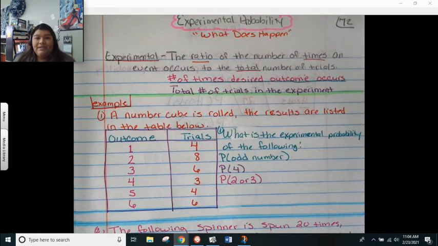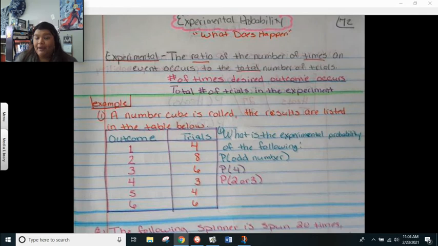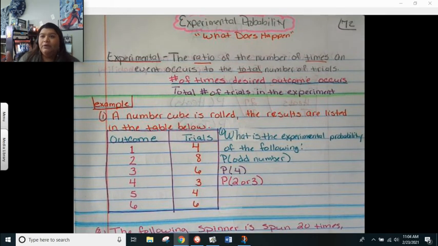So experimental probability. This one is what actually does happen. So theoretical is in theory. You're just thinking about the coin and visualizing what is on the coin and what I should get if I were to flip it. Now you're actually flipping the coin and recording your data.